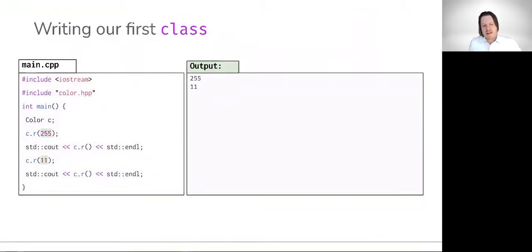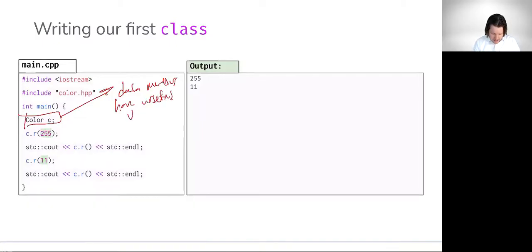So let's go ahead and look at how we could interact with this. So we create a new color object, C. Notice at this point, the data members have undefined values. And we'll see that a constructor will allow us to set this with actual reasonable starting values.